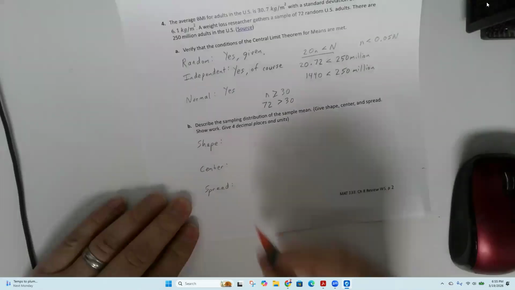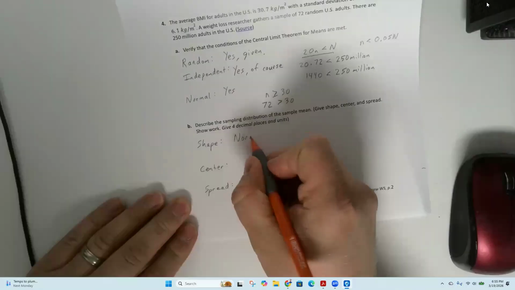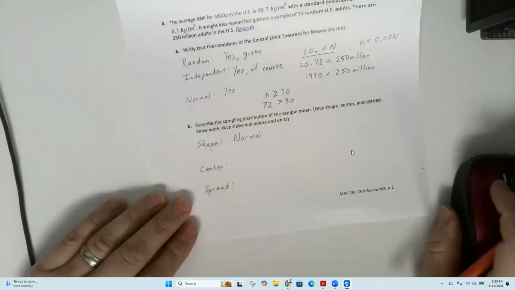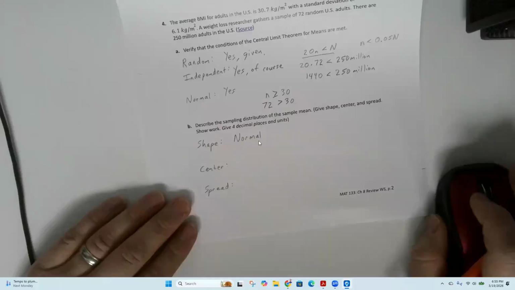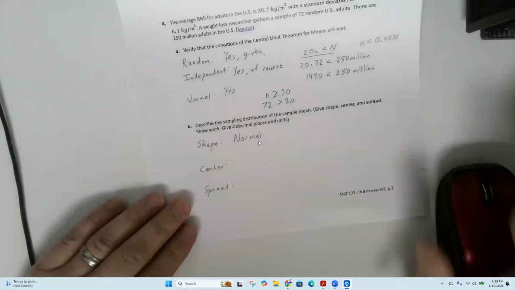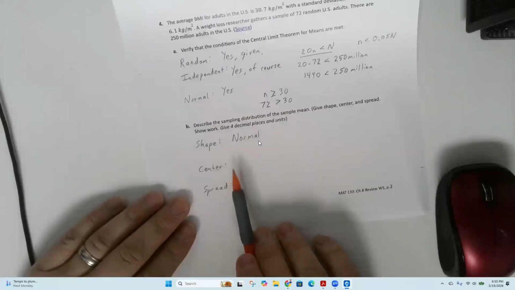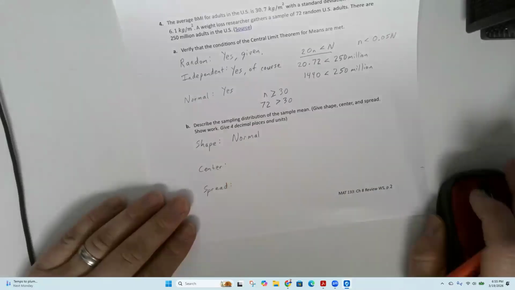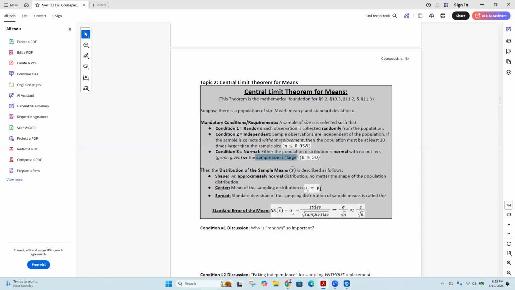The shape is normal. And that is the important part of the central limit theorem. But the center is also an important piece. The center is this crazy thing. So this is just confusing.